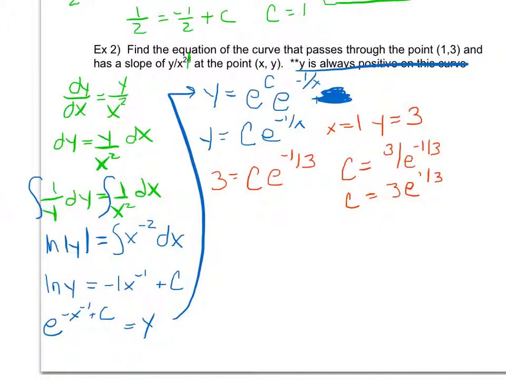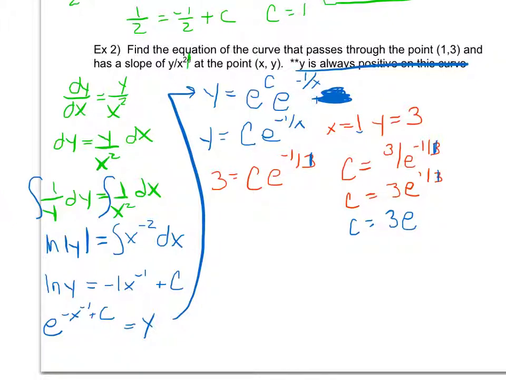Actually, before I go any further, I see that I plugged 3 in for both x and y. Excuse me, I was supposed to put x equals 1 in, so this should have been a 1. Giving me c equals 3e to the 1, which is just 3e.